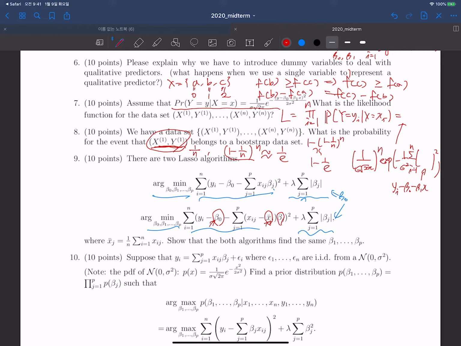More precisely, when you change beta 0 to beta 0 minus the summation j from 1 to p of x bar j beta j, as the new beta 0, basically you have the same loss value. So you can have the same solution for beta 1 to beta p.